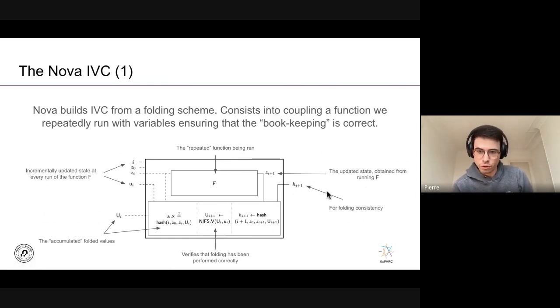And then you have also some hashes that are output by the Nova car to check that folding has been done with consistency. So this is basically how Nova works. You have your function F, and you have a non-interactive folding scheme verifier that is checking that folding has been done correctly at each step that the Nova car is being run.